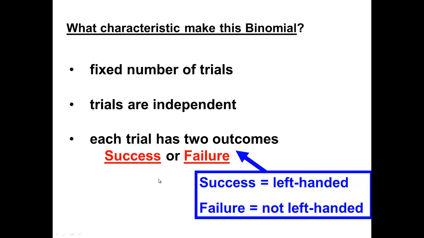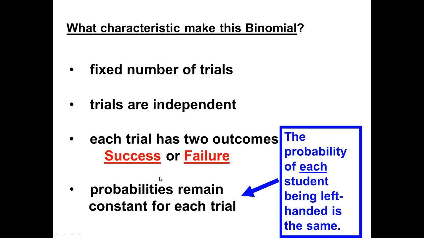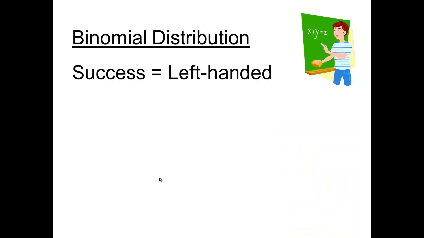From the problem, the success is being left-handed and the failure is not left-handed. And the probabilities remain constant for each trial. The probability of each student being left-handed is the same. So we do have a binomial distribution.